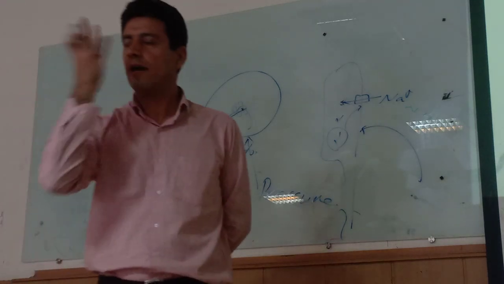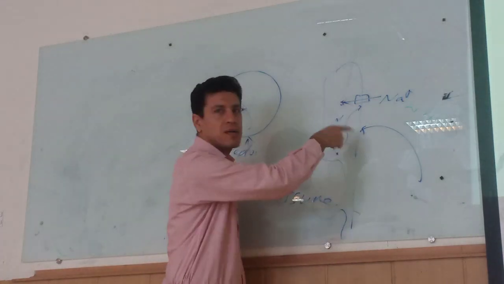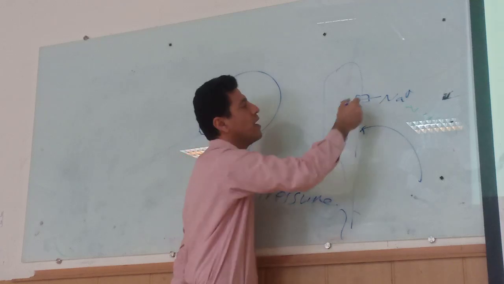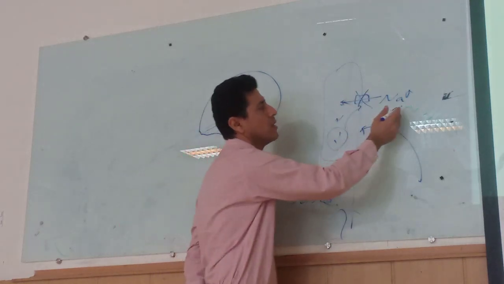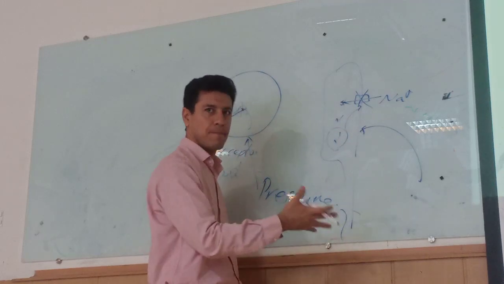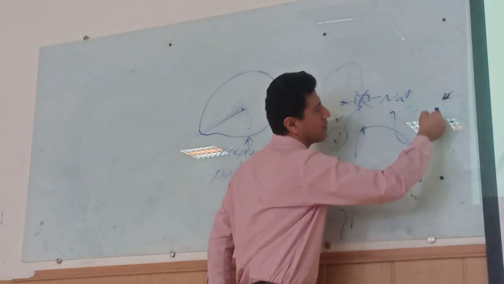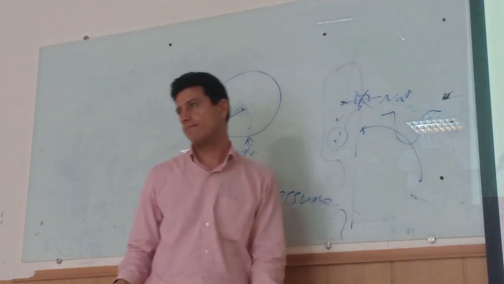Okay? When the light strikes the retina, we have some biochemical processes in the cell that finally close the sodium channels. So sodium cannot go into the cell. Okay? So we will have hyperpolarization of the cell in response to the light.